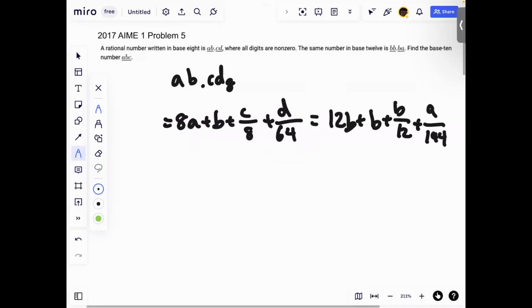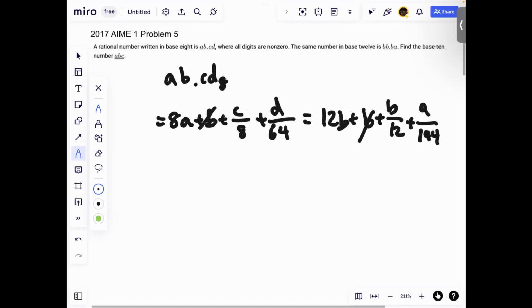These two numbers are equal, so we need to solve this equation. We know each of A, B, C, and D are digits in base 8, and since they're all non-zero, they range from 1 to 7. First, we cancel B, and then multiply by 64 times 9 on both sides to get rid of the fractions.